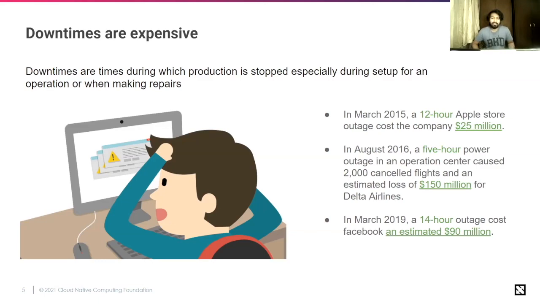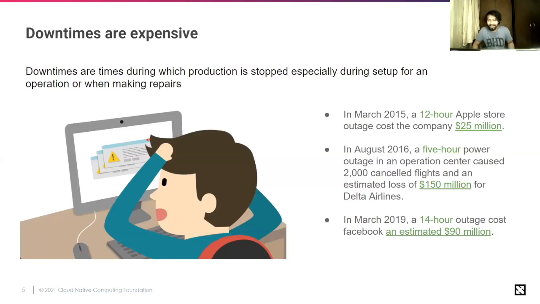Companies, enterprises, or any persona need to figure out that if chaos testing is not curated as a practice in their systems, it will lead to a huge outage cost. As you can see, there are a few examples: $25 million for Apple and $150 million for Delta Airlines.